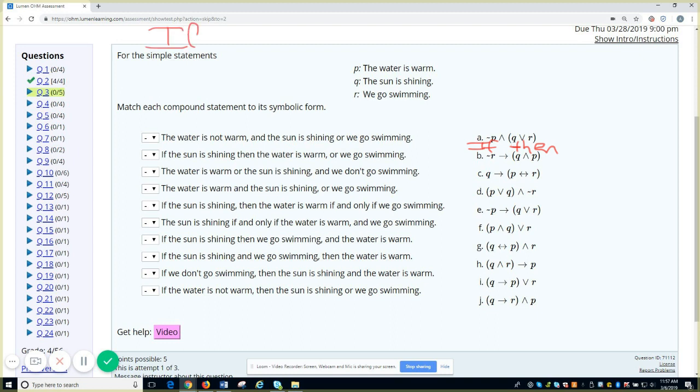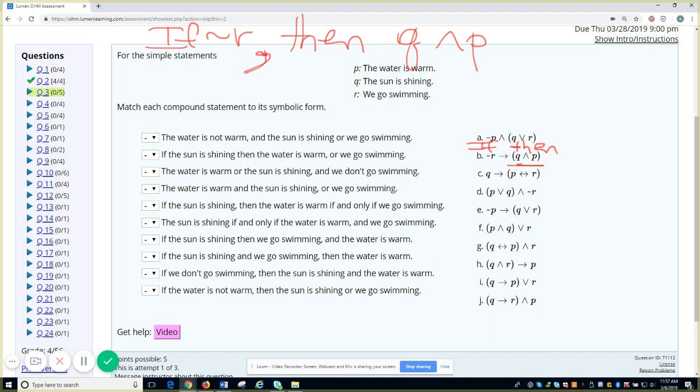If negated R, then Q and P. Now, because Q and P are in parentheses, I'm also going to be adding a comma, probably over here in my sentence.